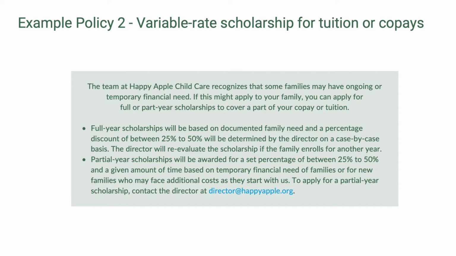You've documented who it is that can benefit, and that's families that are facing temporary financial need or new families that may face additional costs as they start up with childcare. How much funding can a family potentially receive? So here you've documented between 25 to 50%, which will be determined by the director on a case-by-case basis. How can the family apply? By contacting the director.